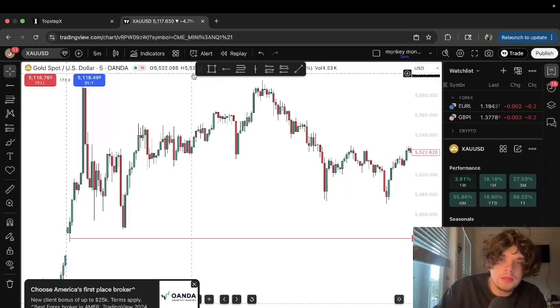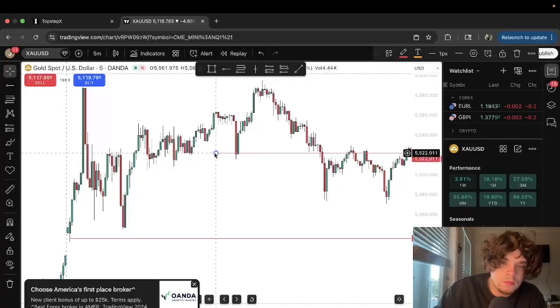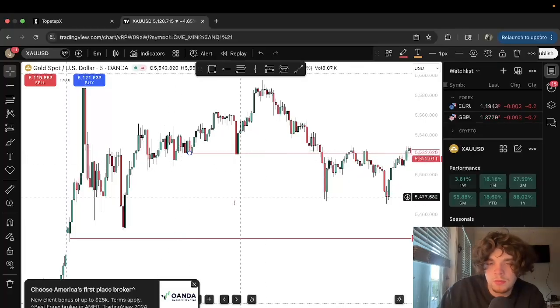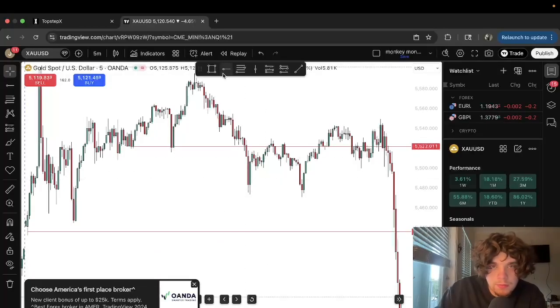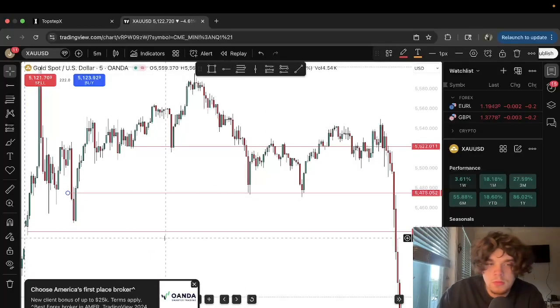Same thing here, okay? Same thing here. We didn't take this out. That's not a break of structure. Here, what did we even take out? I'll do it off the wicks. Nothing.